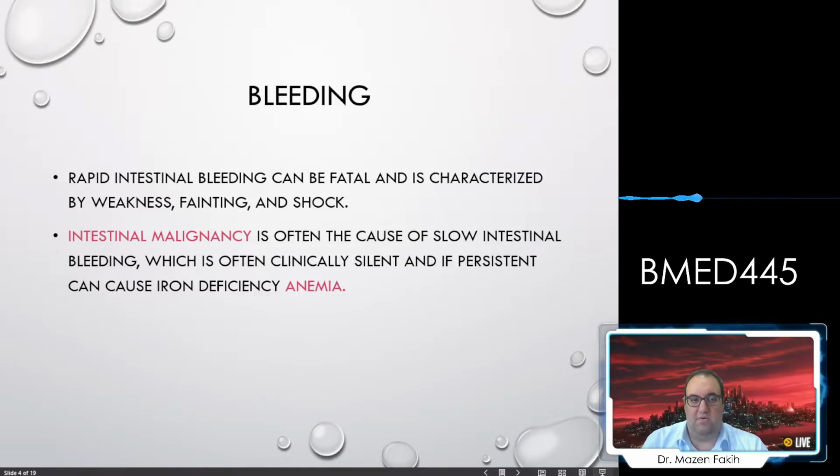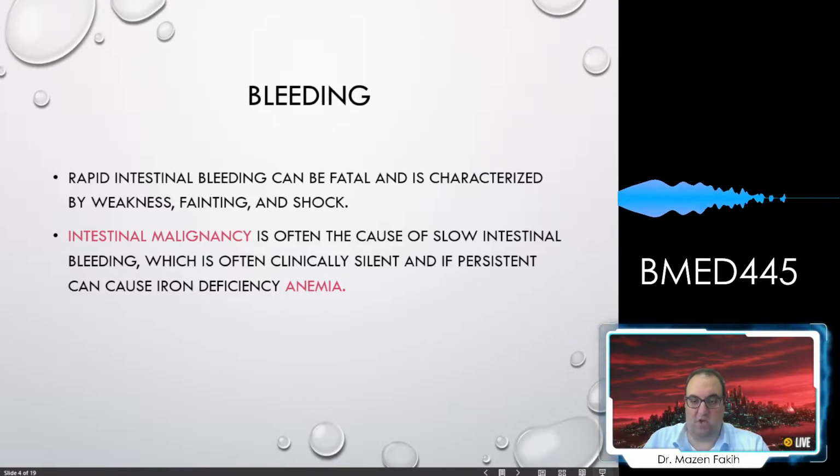So, the intestinal bleeding that is usually neglected over a long period, anything that is chronic, we know that it is very slow. Usually it is intestinal malignancy. And the problem is that it is usually clinically silent. It can cause iron deficiency anemia, but otherwise is usually not detected.